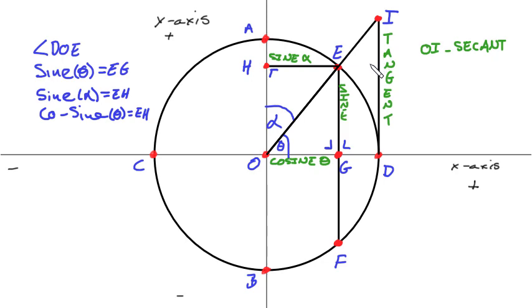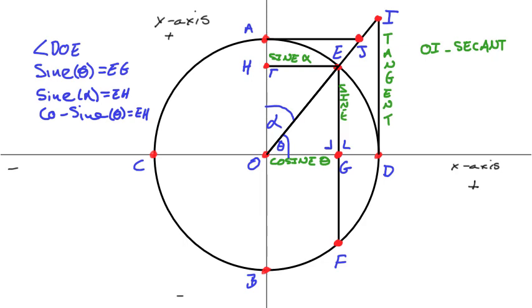Finally, we're going to add one more line, and you can probably already guess it's going to be the tangent line through this point A. So I'll add that line now. And I'll just mark this point here. If we call this point J, then the line AJ is the tangent line of the angle alpha.